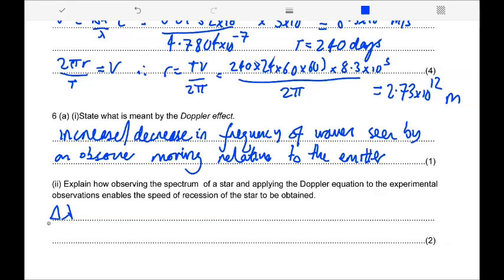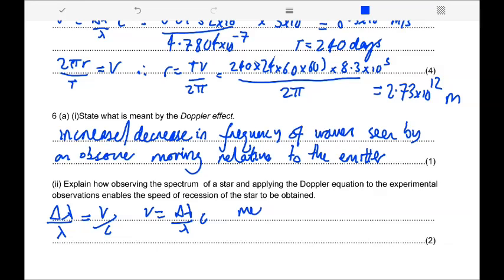The fractional change in the wavelength, delta lambda divided by lambda, is related to the speed the object is moving away. So we can look for the stretching of the wavelength and use that to estimate v by doing v equals delta lambda divided by lambda multiplied by c.